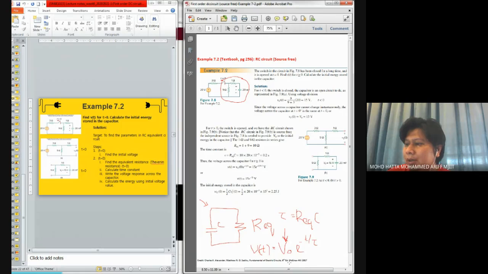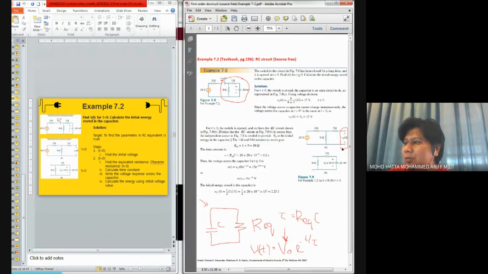The way we calculate the initial voltage is by looking at the circuit before the switch is open, or for t less than 0. For t less than 0, the switch is closed, meaning the capacitor will be open circuit, and we try to find the voltage drop across here.